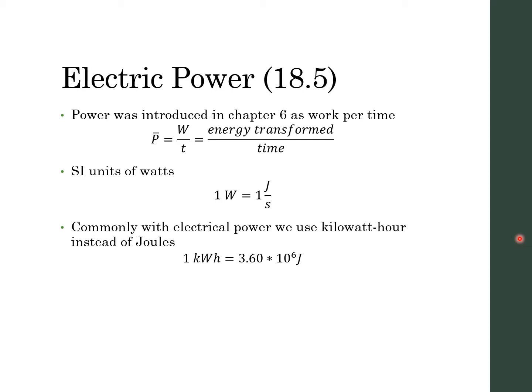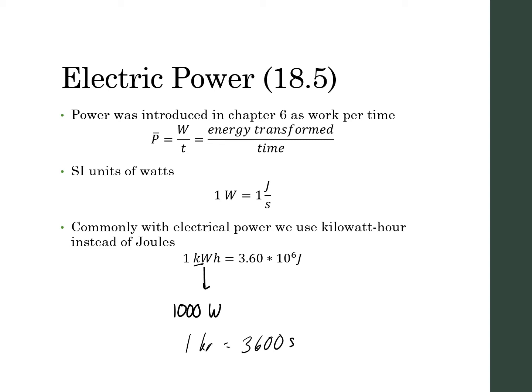But basically what it is, if we look at our SI units for power, it's watts. So here we have kilo, so 1,000 watts. So that's the kilowatt part. And then you have hours. So 1 hour is equal to 3,600 seconds.